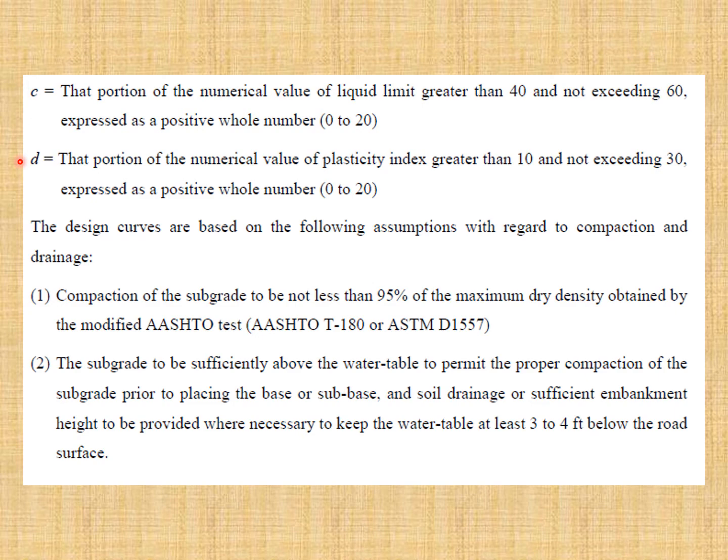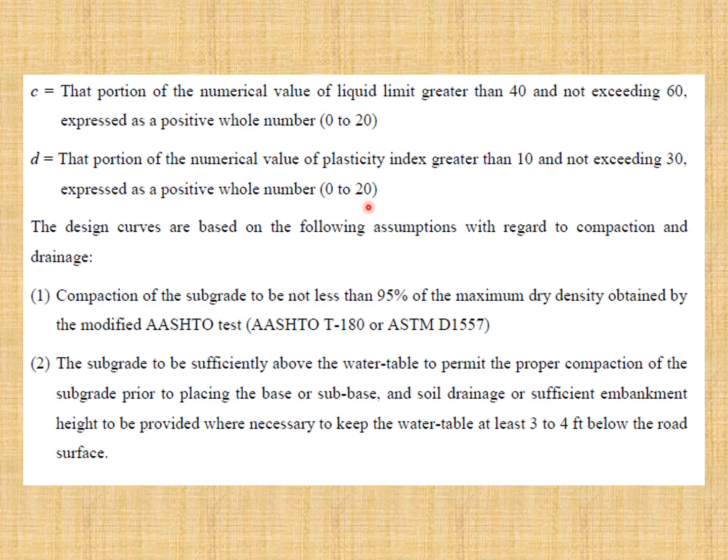D. That portion of the numerical value of plasticity index greater than 10 and not exceeding 30, expressed as a positive whole number, again 0 to 20. So the formula for D is plasticity index minus 10. And if D has a negative sign, it will be taken as 0, and if D exceeds 20, it will be taken as 20.